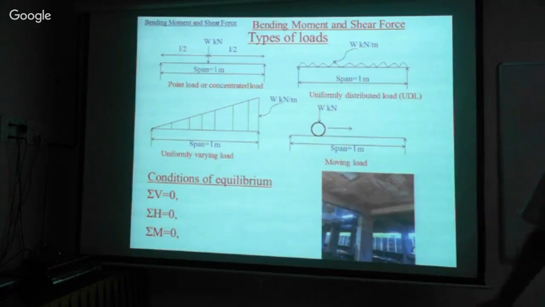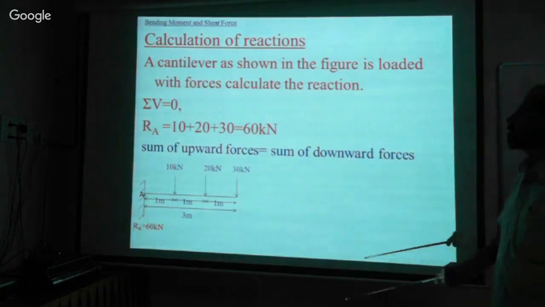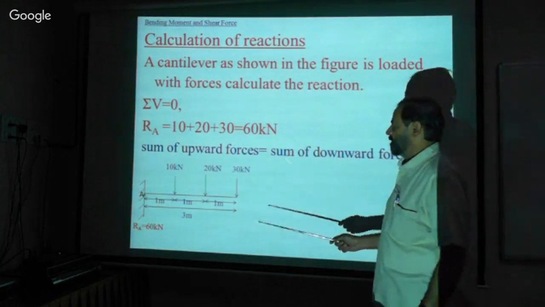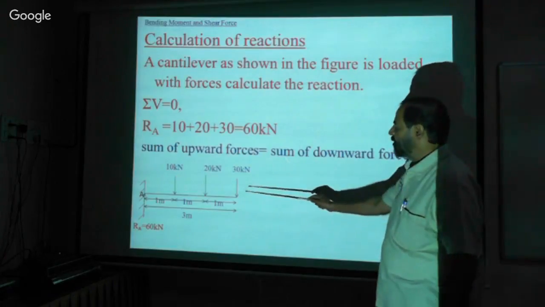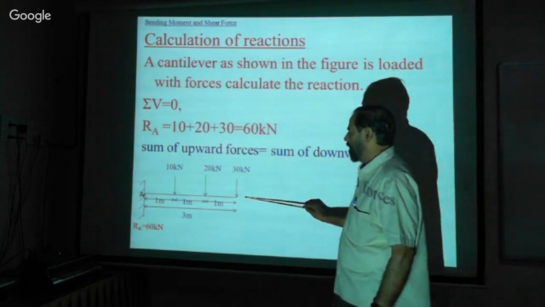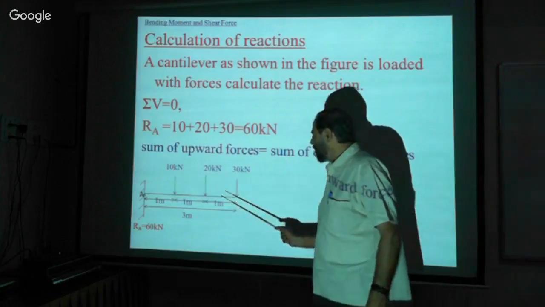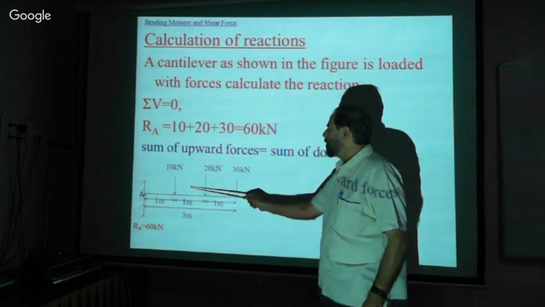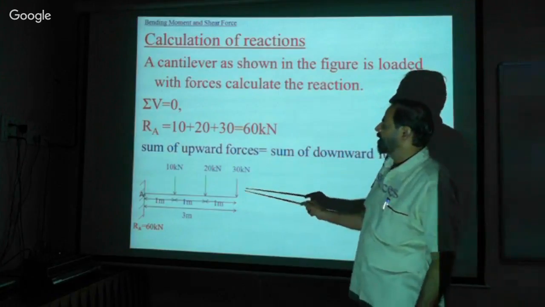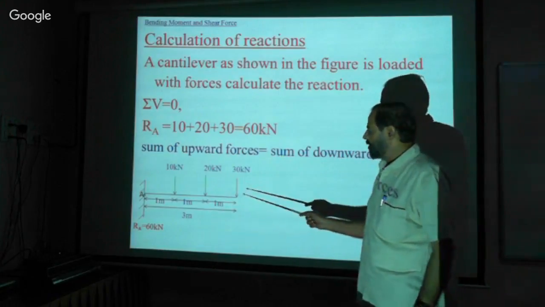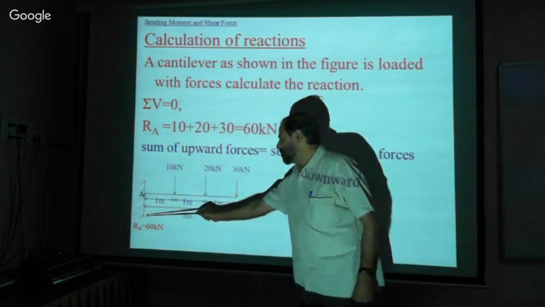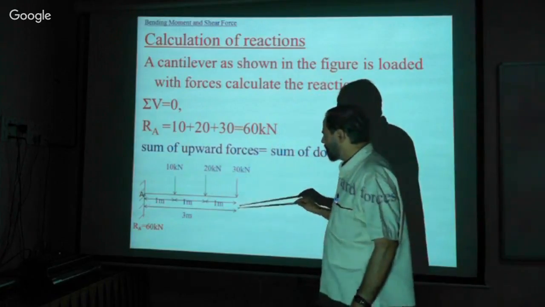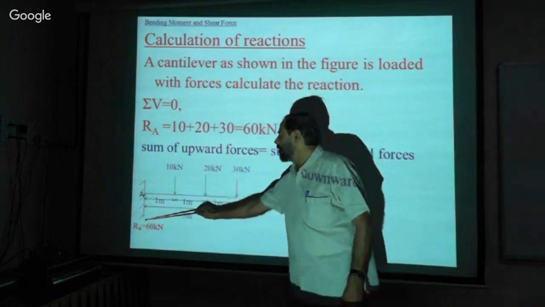And we have discussed a few problems for solving the reactions: how to calculate the reactions in a cantilever beam. In a cantilever beam, this is the free end and that is the fixed support. There are 3 point loads acting on the beam. When the 3 loads are acting on the beam, what is the reaction? There are three forces acting downward, and there is only one reaction.